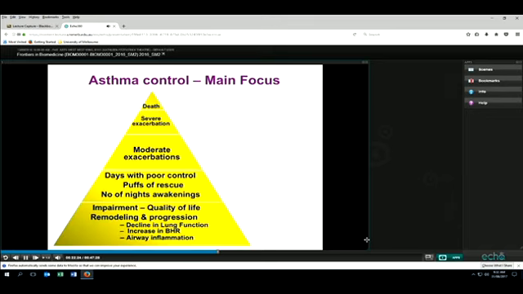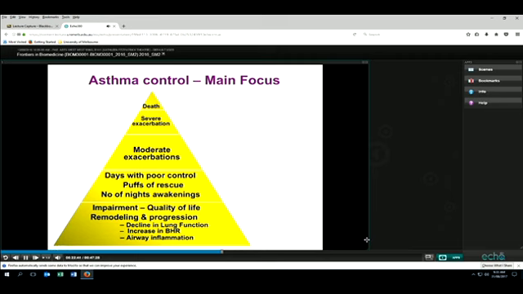So there's sort of a treatment pyramid, I guess, or clinical severity pyramid in asthma that we can potentially consider. And these two at the bottom are probably on the same level, in fact, because we can measure the progress of this, the remodelling and disease activity. We measure this clinically by asking patients in the clinic how often they are experiencing asthma symptoms.